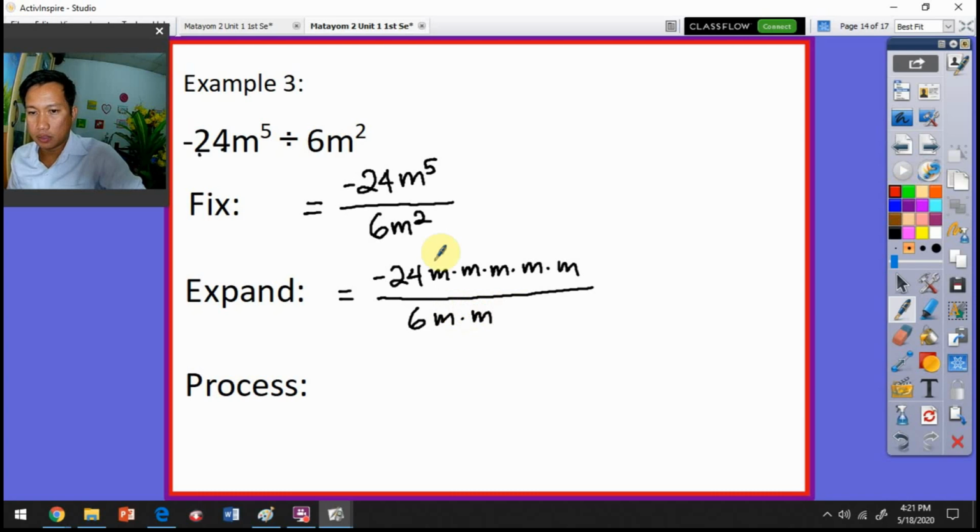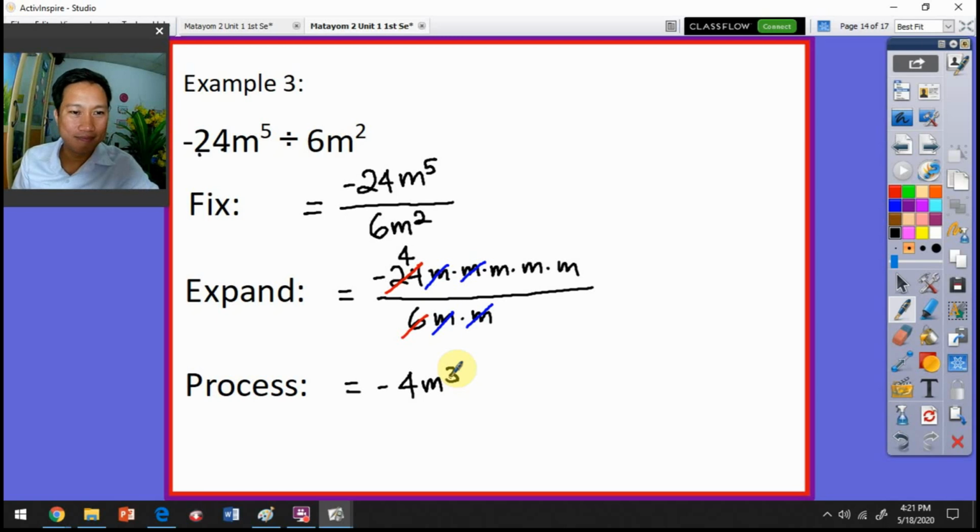We cancel 24 and 6, we get 4, and cancel the m's. So we will have negative 4 m to the power of 3.